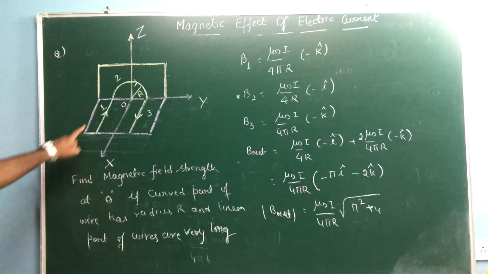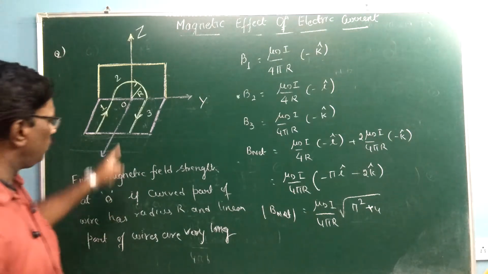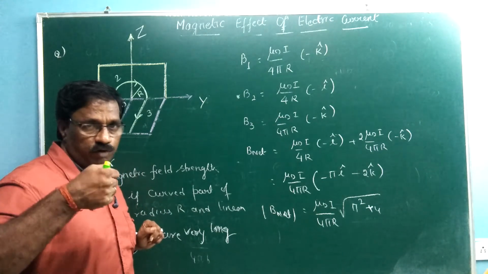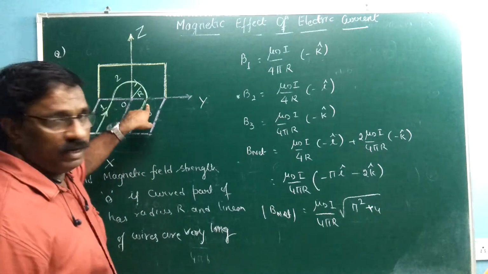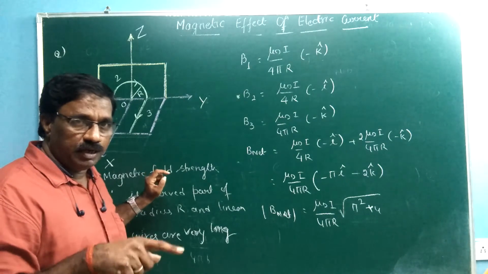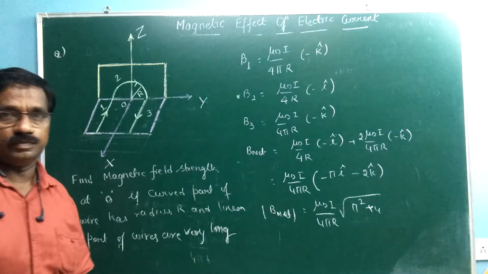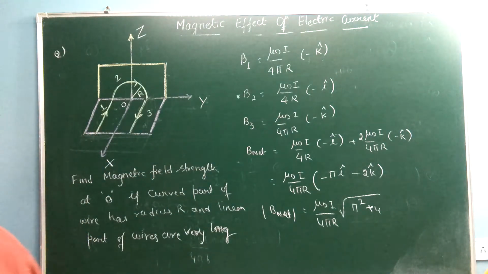Repeating once again. 1 and 3 are in the xy plane. So the field must be along the z axis, maybe positive z or negative z. That depends upon how you select the direction carefully. And this one is in the yz plane. So the field must be along x, maybe positive or maybe negative. That depends upon the direction of current, and this is the result. Any difficulty?